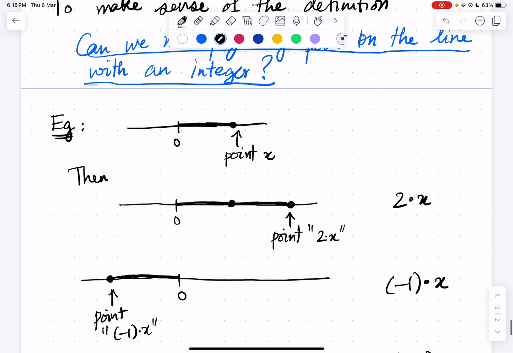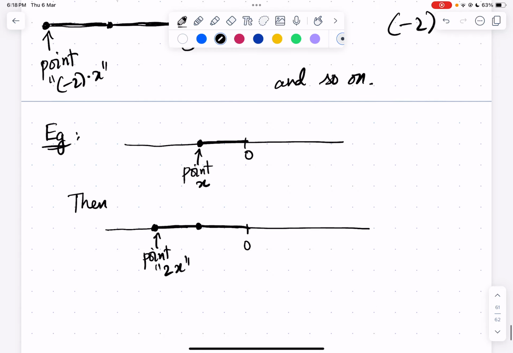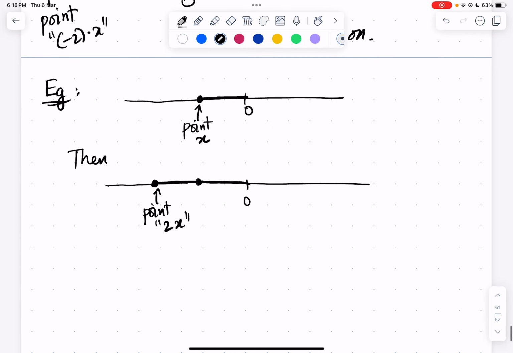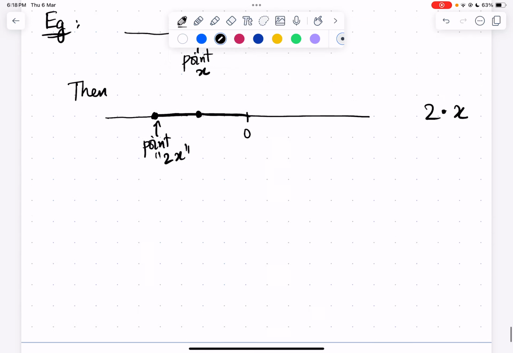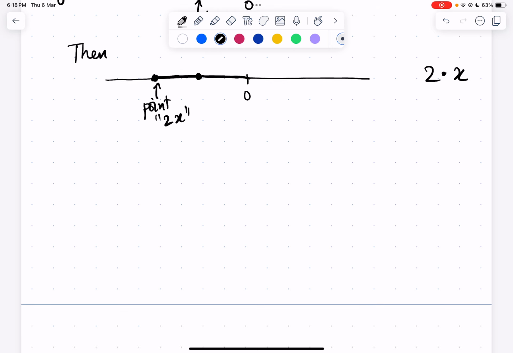For a point which is on the right of 0, for a point which is to the left of 0, 2 times x would be like this. Minus 1 times x would be like this. You take the same segment but to the right.